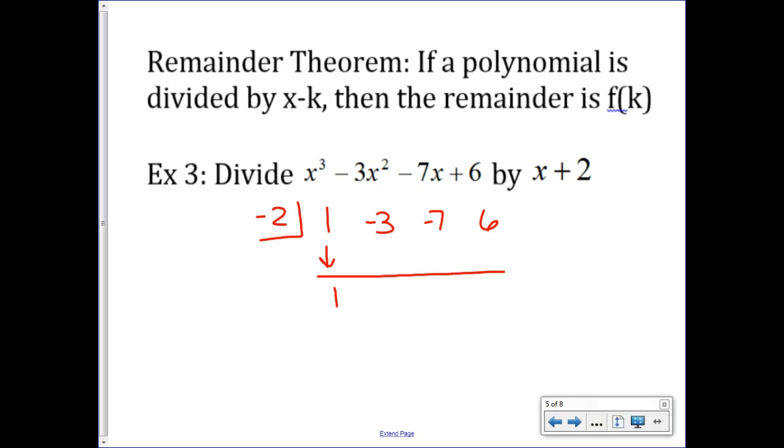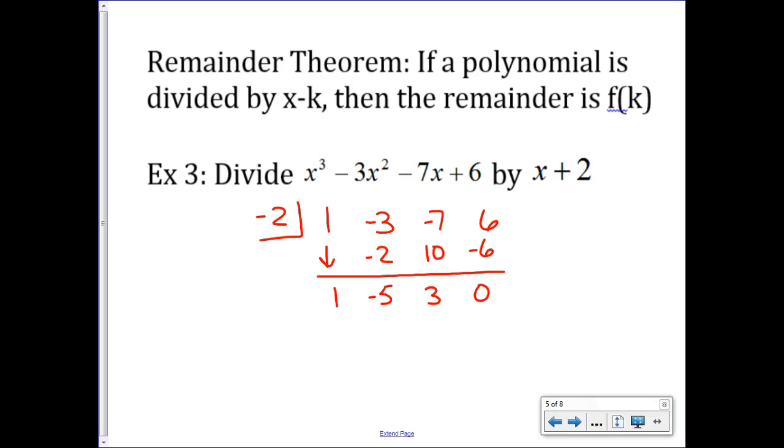Negative 2 times 1 is negative 2. Negative 3 plus negative 2 is negative 5. Negative 5 times negative 2 is positive 10. Negative 7 plus 10 is 3. 3 times negative 2 is negative 6. In this case, my remainder happens to be 0.